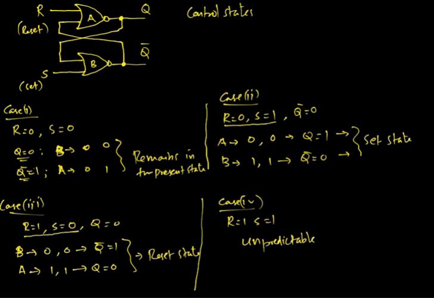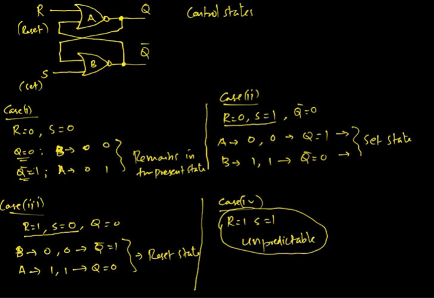And if S is removed before R, then the condition R equal to 1 and S equal to 0 prevails and the flip-flop resets. So this case is actually unpredictable when R is equal to 1 and S is equal to 1.